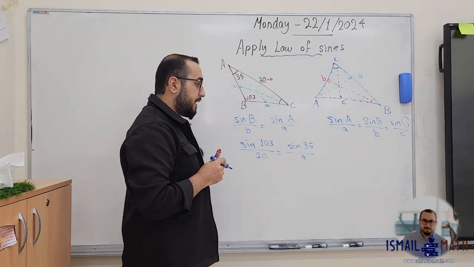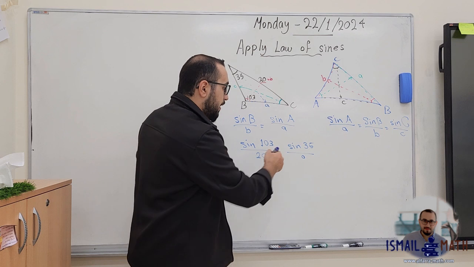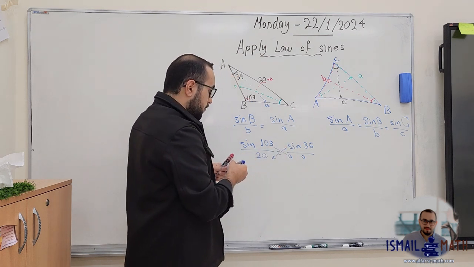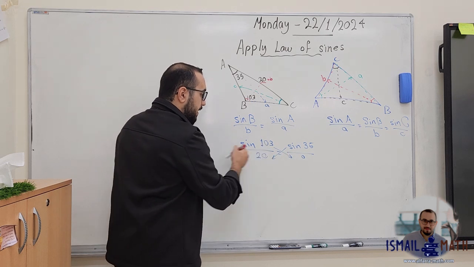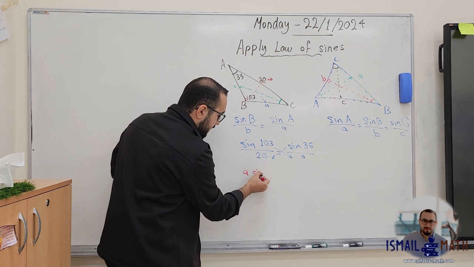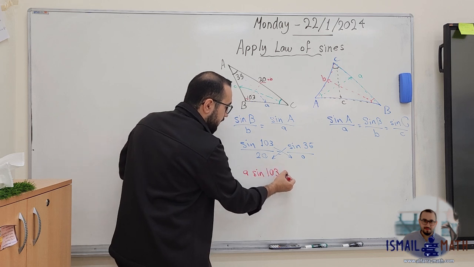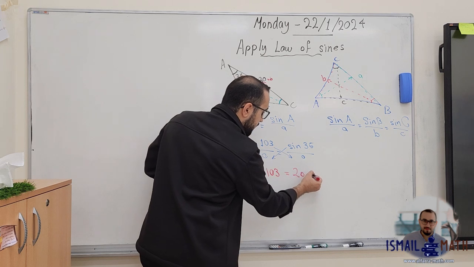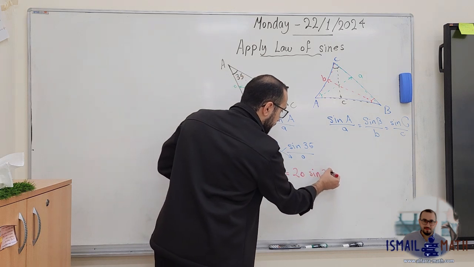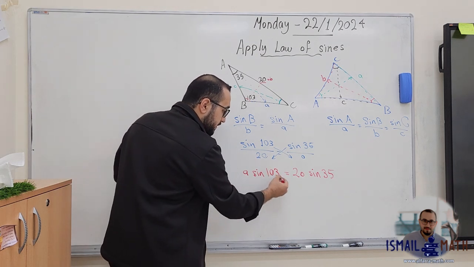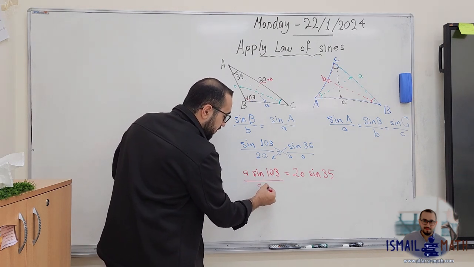Now, how do we find a? We can use cross multiplying: a times sine 103 equals 20 times sine 35. I need to find a, so I divide both sides by sine 103.